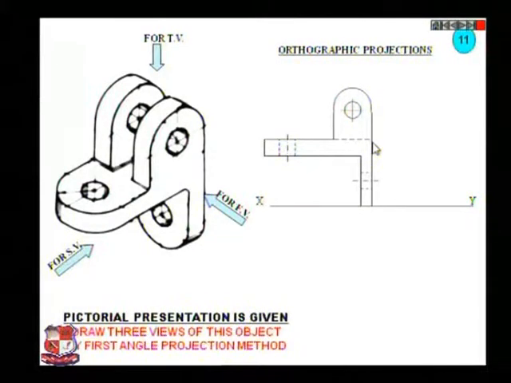And here also you should take care about this dotted line, how to draw this dotted line. And here also, in this case, this circular hole will not be visible from here, so it is represented by the center line and dotted line as mentioned in this front view. So this is the front view.